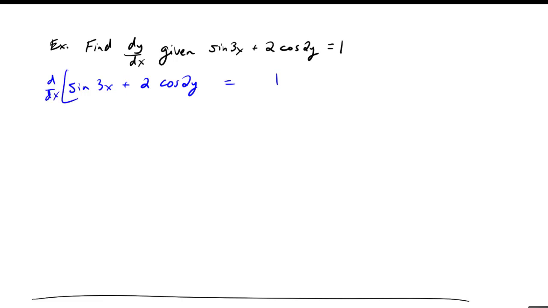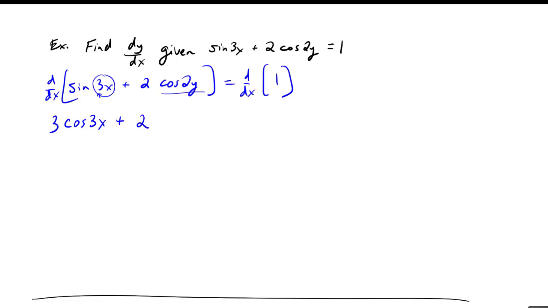Derivative of both sides with respect to x. All right, so on the left here, d/dx of sine 3x. Well, that's sine of something, so I get cosine 3x, and then the chain rule says take the derivative of 3x, which gives me 3, I'll put it in front, plus 2.